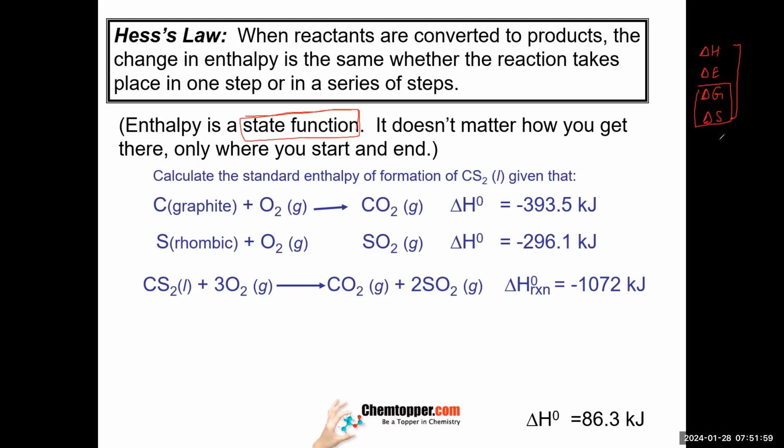So you're calculating them only by HP minus HR. Product is final. R is initial. Or delta E you can calculate, delta G you can calculate GP minus GR. Delta S you can calculate SP minus SR. These are path independent functions. They don't depend on path, right?